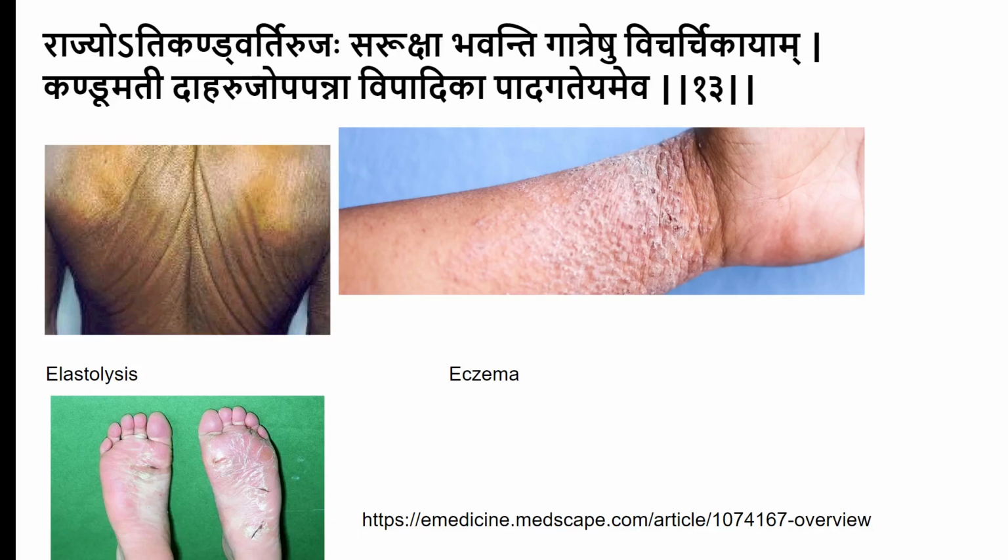The lesion presents with ridges, a longitudinal line-like appearance. Vicharchika and Vipatika differ depending upon the location: when the same occurs in the foot, it is Vipatika; when it occurs elsewhere, it is considered Vicharchika. These lines are characteristic of involvement of the subcutaneous tissue, the elastic tissue there.